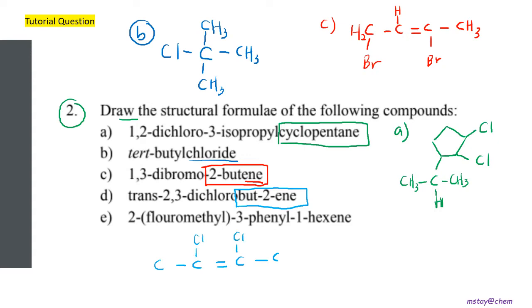But because the question asks us to draw a trans structure, basically we know that we will have a double bond, one carbon bonded to chlorine, and then the other carbon also bonded to chlorine on the opposite side, so that it can show trans. So this is the structure for D.